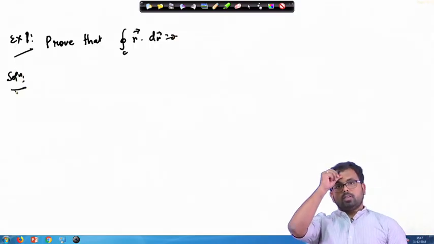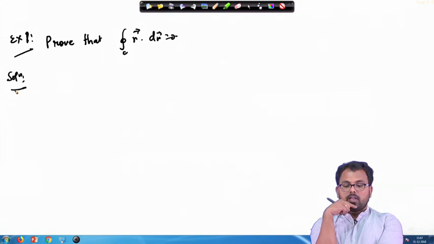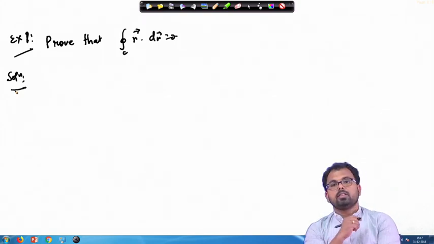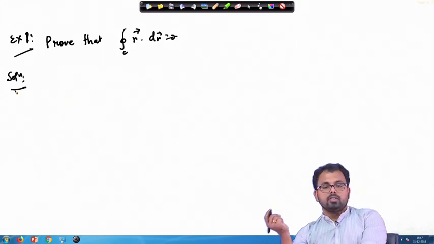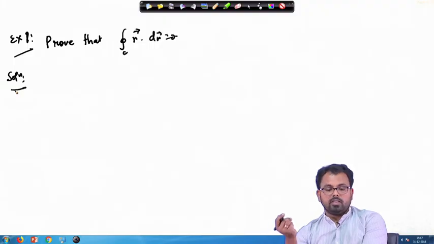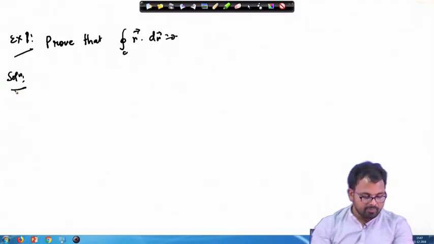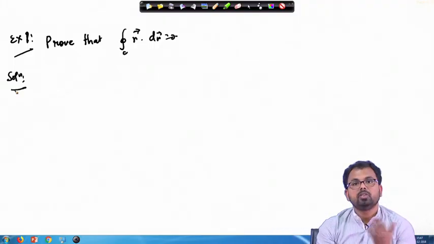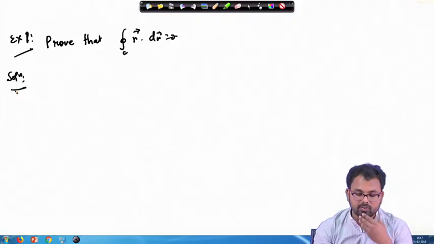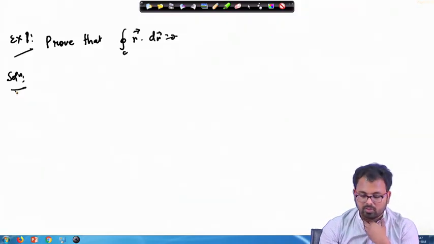So, we have to show that the line integral of r, our given vector function, so F is basically r, over this curve C, where C is any piecewise smooth closed curve, dot dr equals 0.